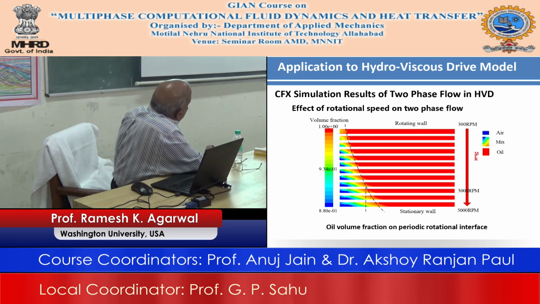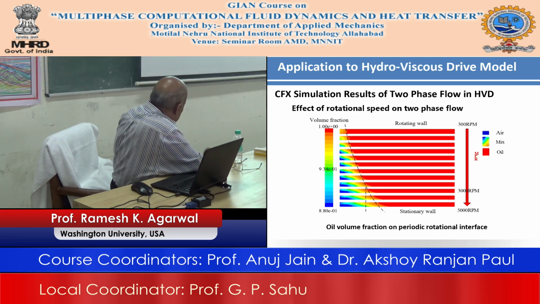The other thing to see is how the cavitation changes with the RPM. So, this is at 300 RPM, the upper friction disk has an RPM of 300, and if you go up to 5000 RPM, then you can see that at the outer part of the HVD, the amount of cavitation keeps on increasing.